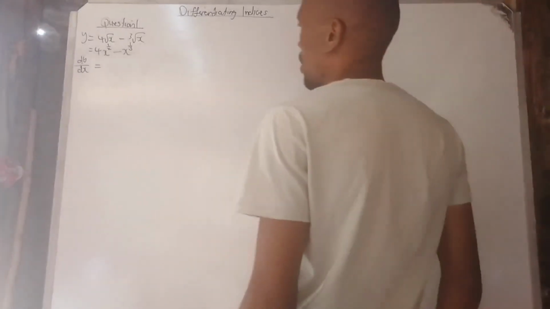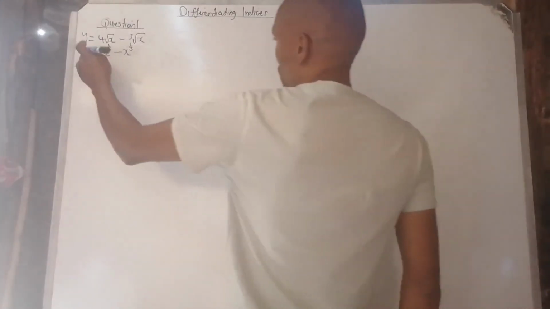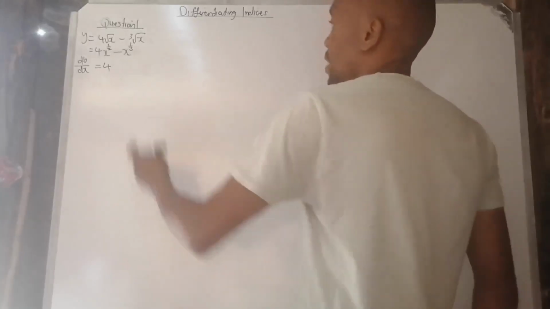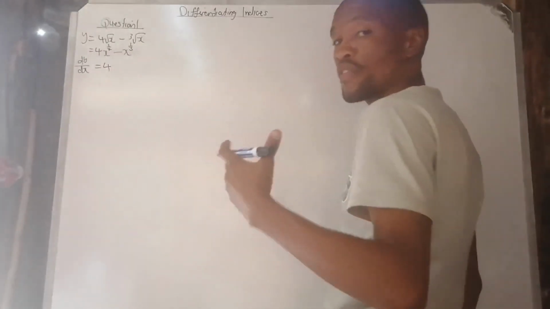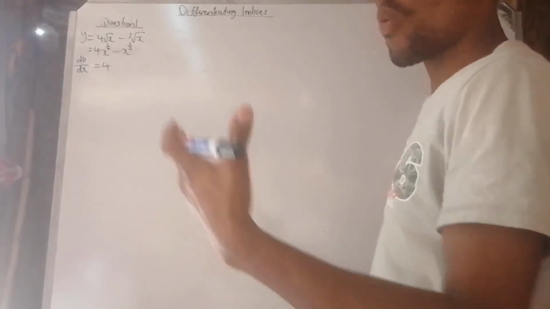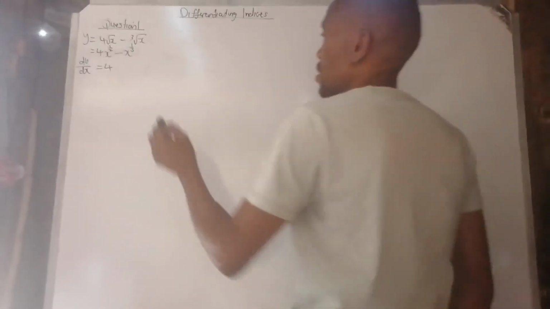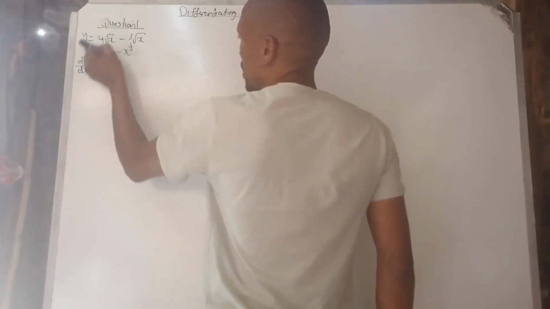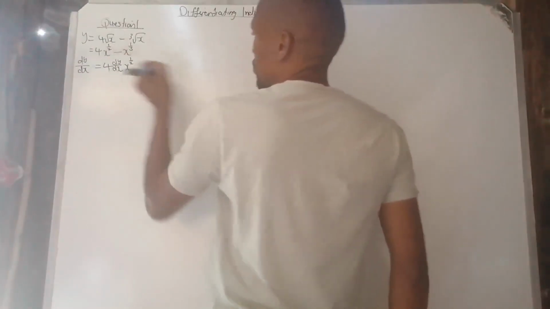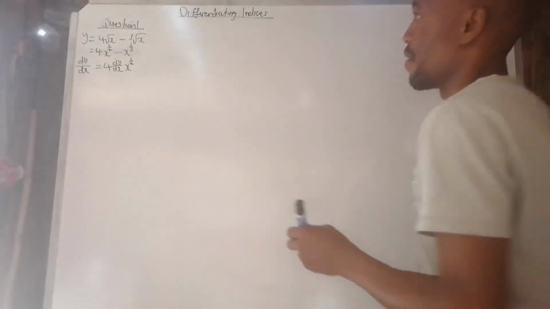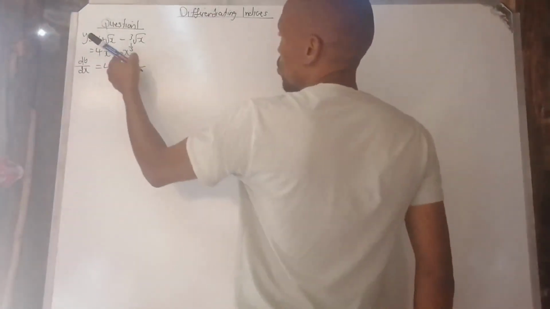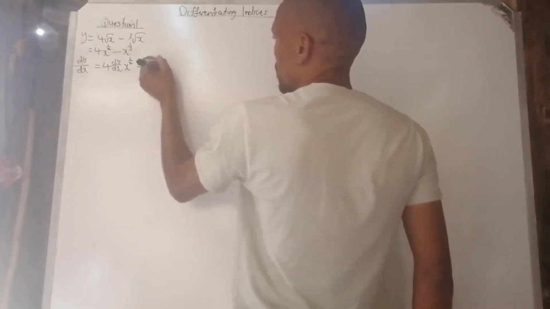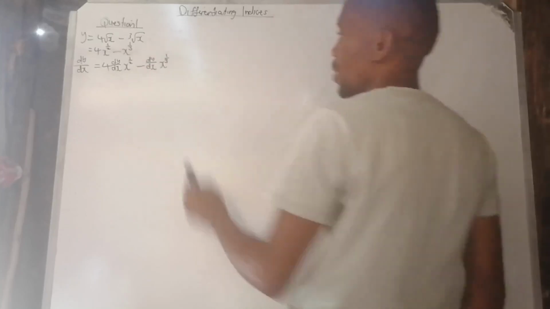Now the first thing that I will do there, I will write my constant 4, and then I will differentiate. Remember, we are differentiating y with respect to x. So where I see x, I will write dy over dx of what? X 1/2 minus, there is no constant on this one, so I'll just say dy over dx of x 1/3.